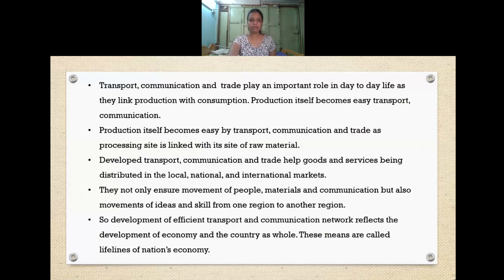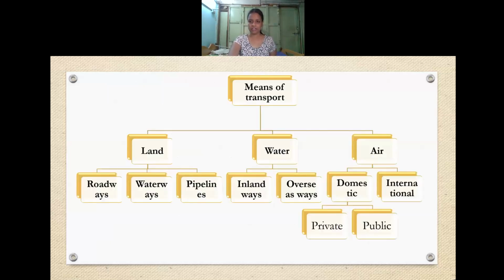According to that, the transportation has been classified. The people will use three modes of transportation, and in the three modes, once again we have classified into several types. These are called the means of transportation. With the help of three domains of the earth, that is land, water, air, the people will travel from one place to another. Through the land, once again, we are classifying into roadways, railways, and the pipeline.